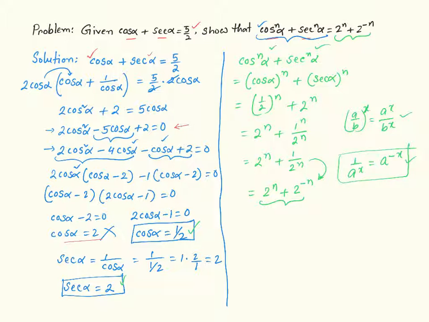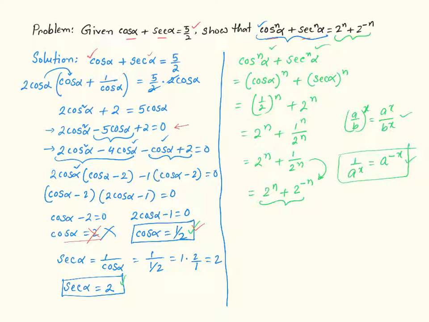One is cosine alpha equal to 2, but that cannot happen. As you know, cosine alpha is limited to values between negative 1 and positive 1. So 2 is bigger than that, so that cannot happen. So our only solution is cosine alpha is equal to 1/2.